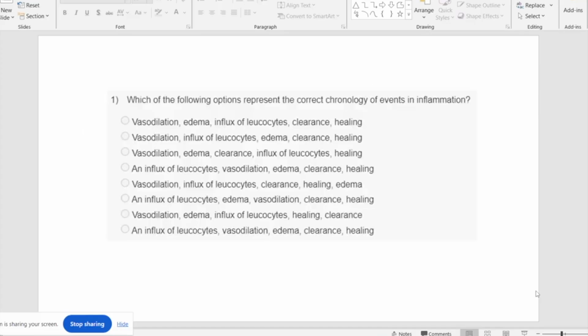We have few questions from the previous assignment based on these topics. Here is the first question. Which of the following options represent the correct chronology of events in inflammation? I'll give you some time to answer and then we'll discuss the answer.